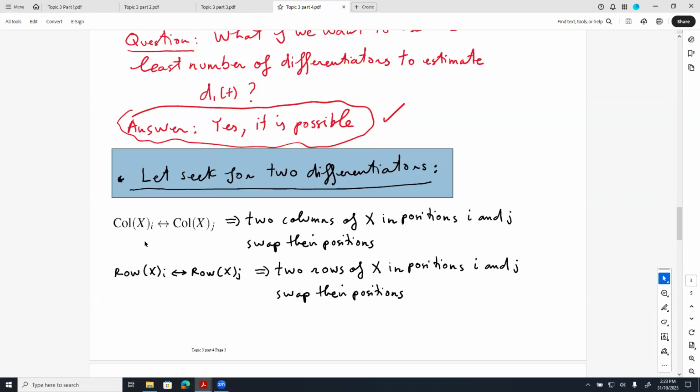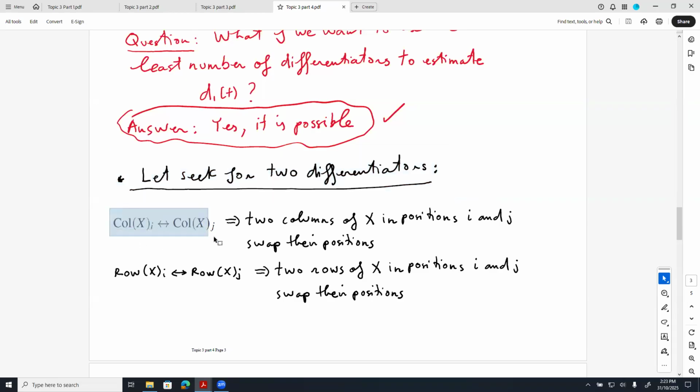What we would like to introduce here is some sort of operation. So we define an operation where the I column of matrix X and the J column of matrix X swap positions. And this is the notation for that operation.